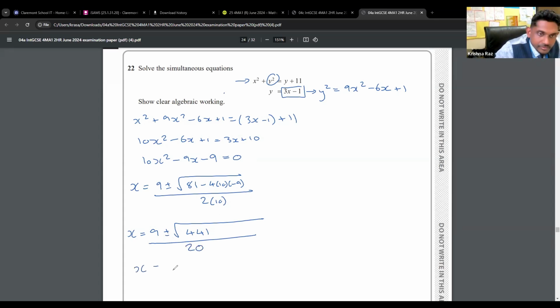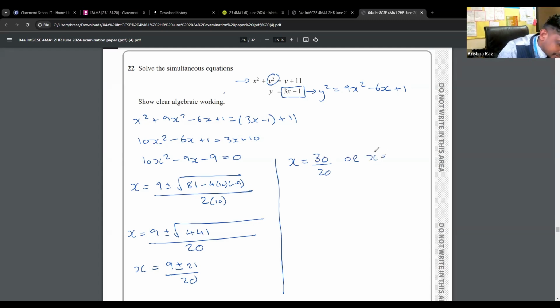Square root of 441 is 21. So x equals 9 plus 21 over 20, or x equals 9 minus 21 over 20. So x equals 1.5, or x equals minus 0.6.